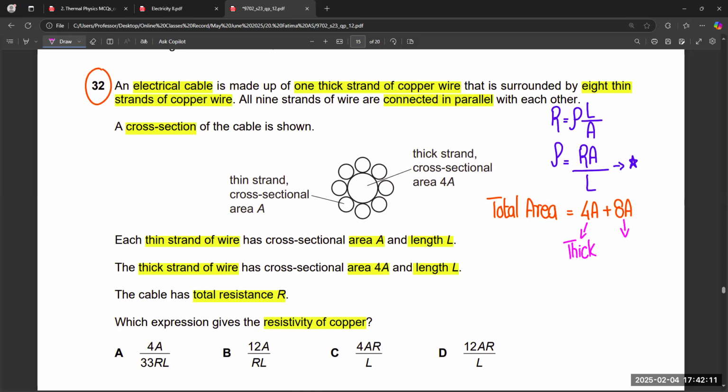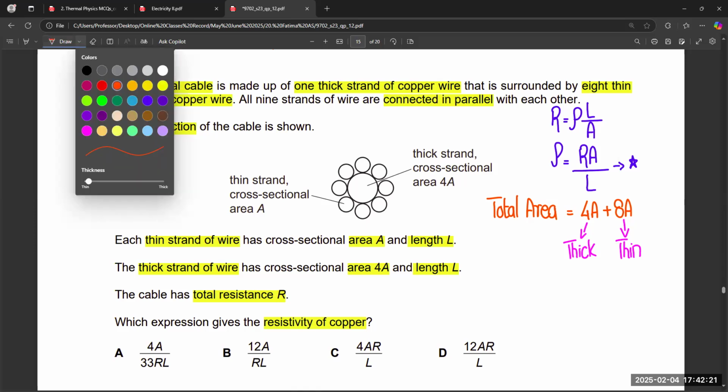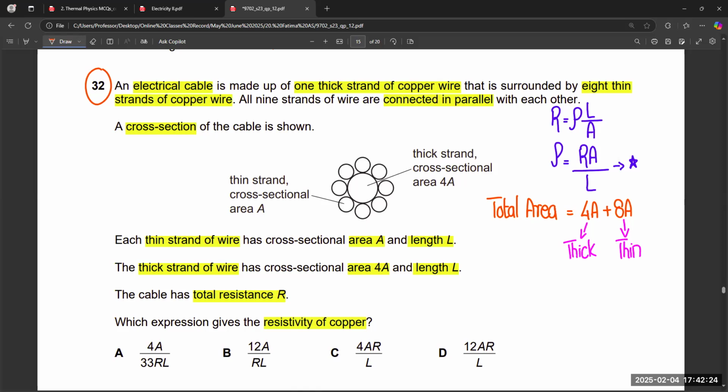This 8 is because there are 8 thin wires, and each wire has an area of capital A. So A plus A plus A, 8 times equals 8 times A. And according to the formula, resistivity is equal to R A over L. So according to this, option D is the right answer. 12 A R over capital L. Simple.